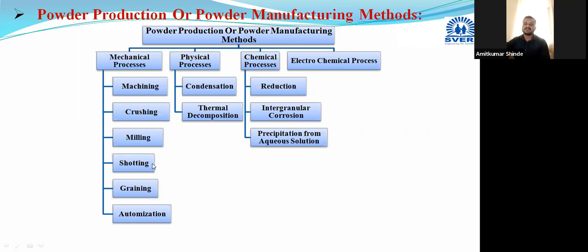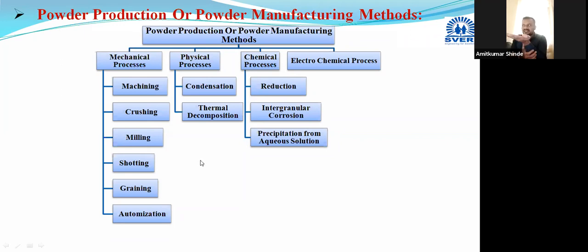In this shooting method, the metal whose powder particles we want to manufacture is taken in molten form and poured on a vibrating screen.